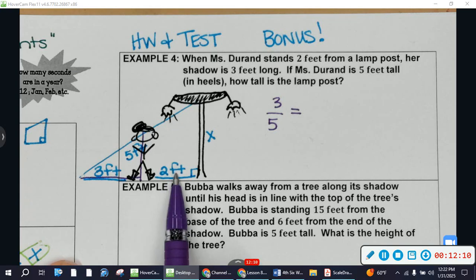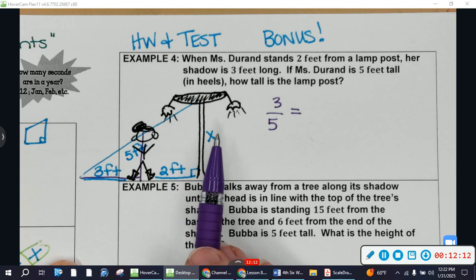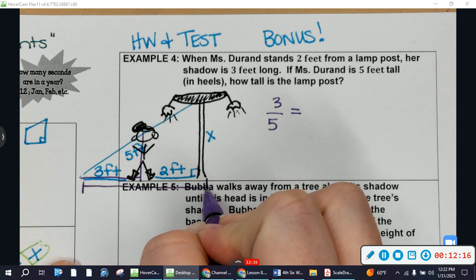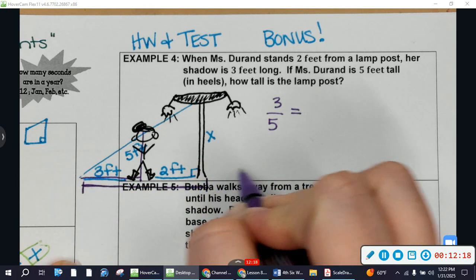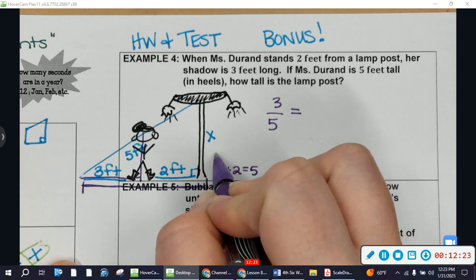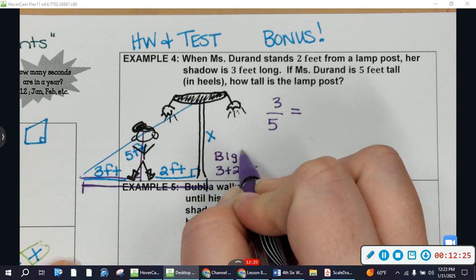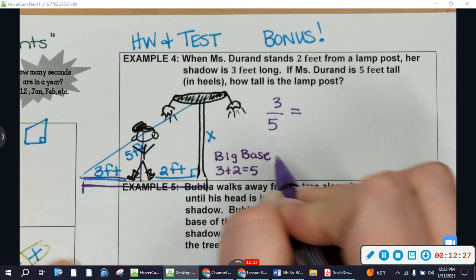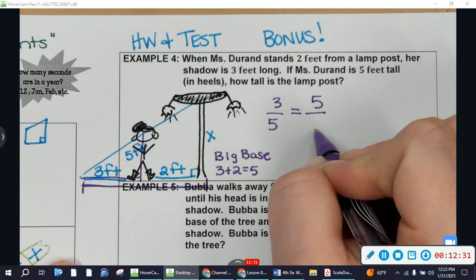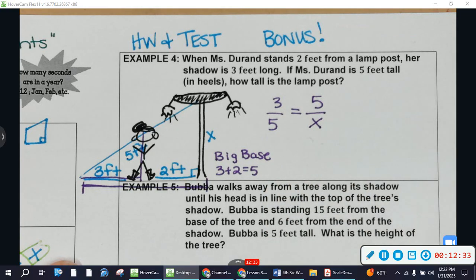Don't forget, it's not 2 is to x, it's 5, 3 plus 2, the full big base at the bottom is 5 is to x.